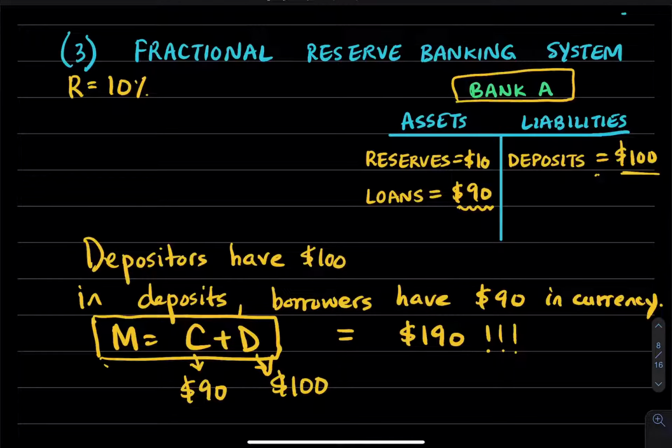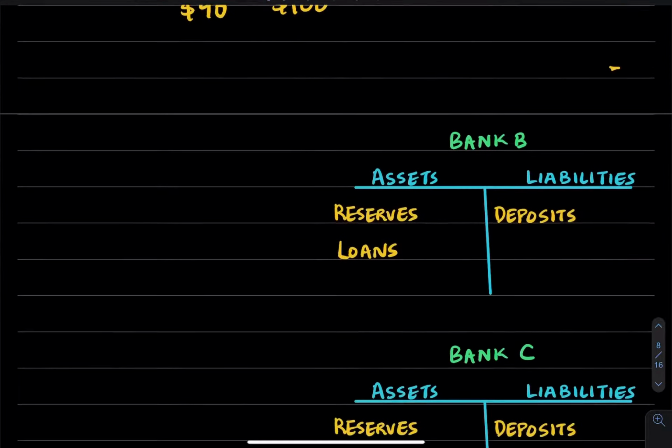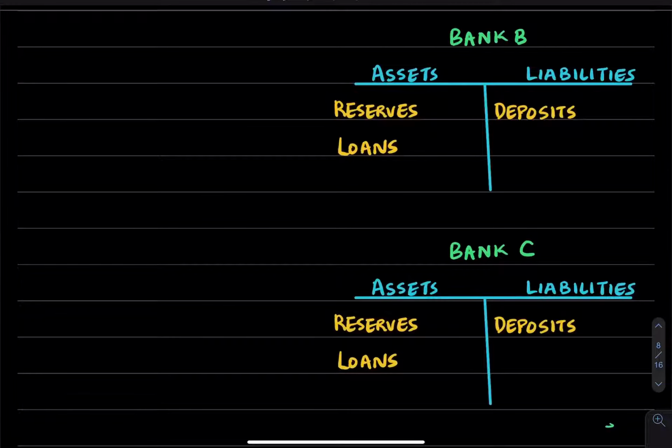Okay, so to illustrate this point further, we can see what that person is going to do with that $90. Let's say the person who received the $90, because they took out a loan, now deposits that $90 in their bank.